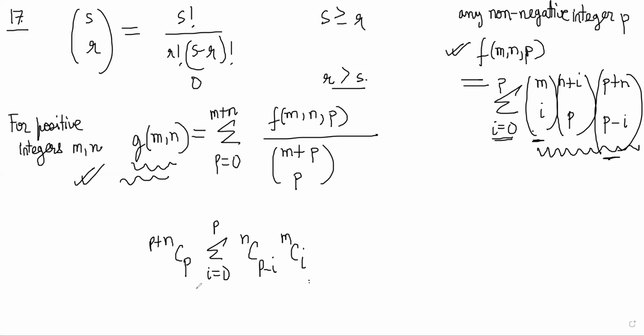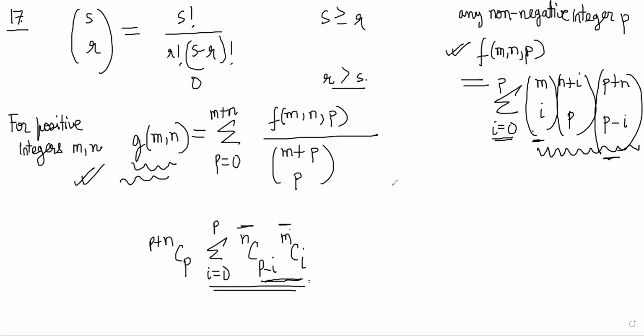This summation we have to figure out. So let's put some values and maybe we'll get a hint. Can you see that the top part is fixed here, and the bottom part is adding up to P always? Yes. So we get the hint, it's the coefficient of P in the product of two series, right?